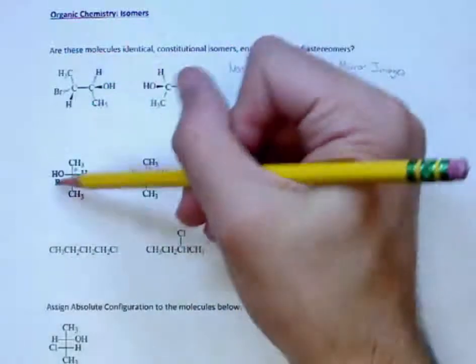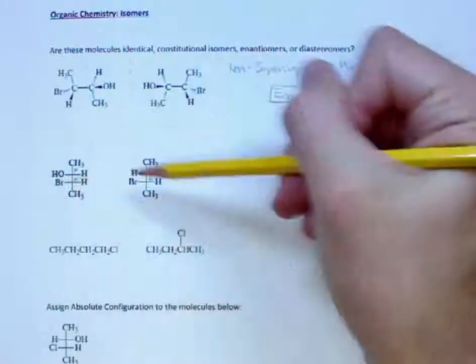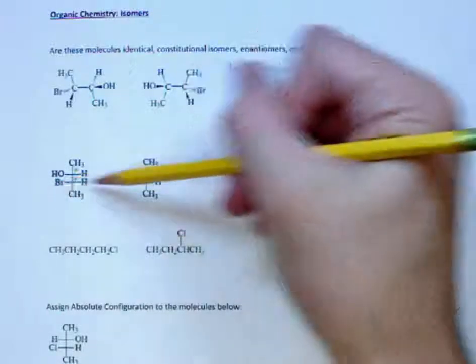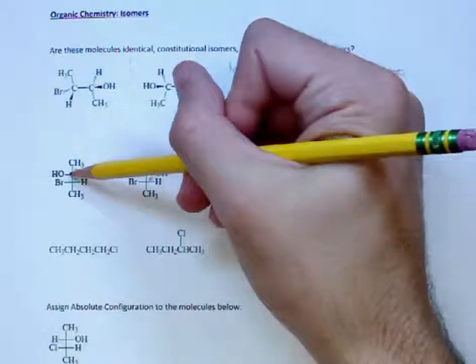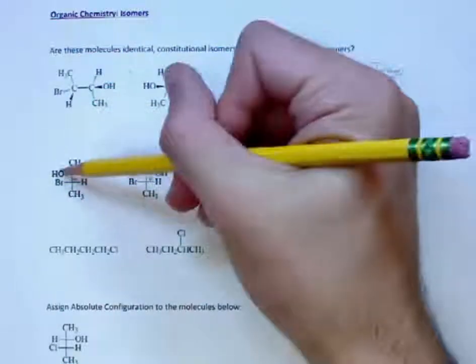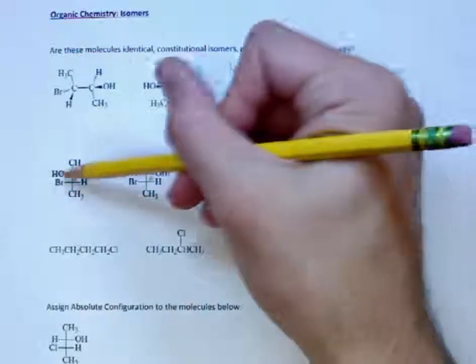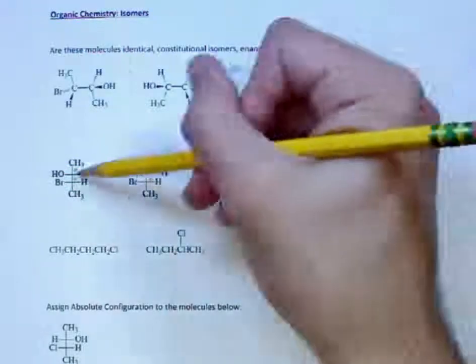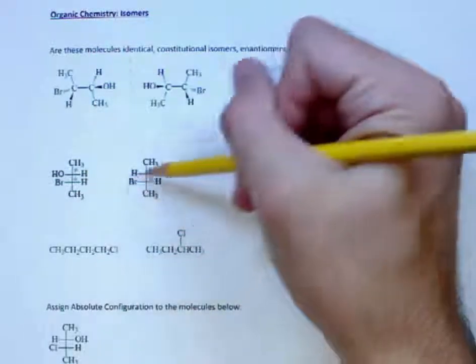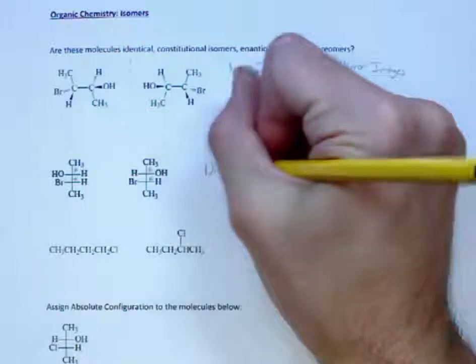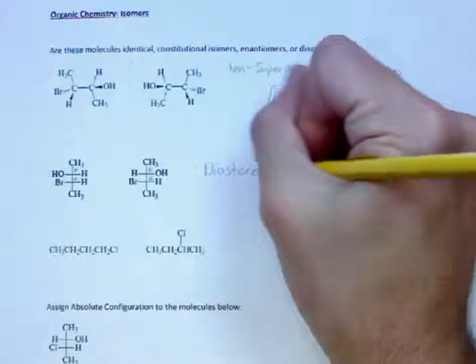And if we look here on this second asymmetric center, the bromines are on the same side. And then for the first asymmetric center, the hydroxys are on opposite sides. This means that they differ by 1 asymmetric center, and therefore they would be diastereomers.